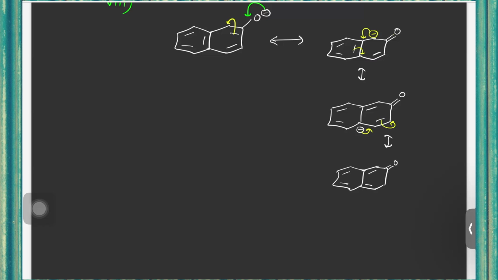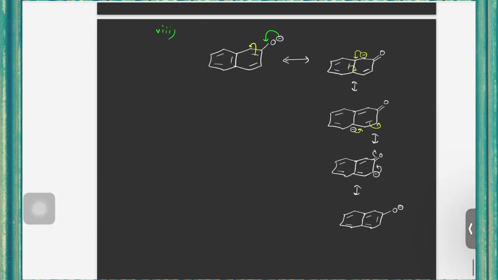Other bond will be remaining as it is. Negative charge will come here. This negative charge can again move here and the double bond can move here. So the students who got 7 haven't considered these two RS actually. These two RS you haven't considered.